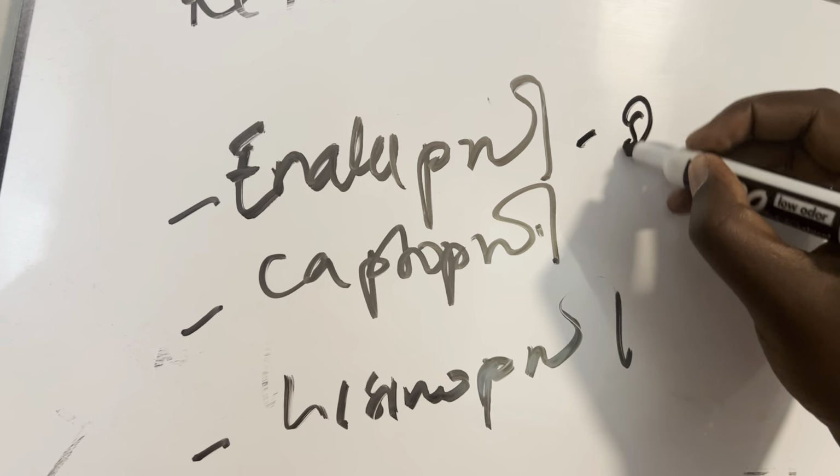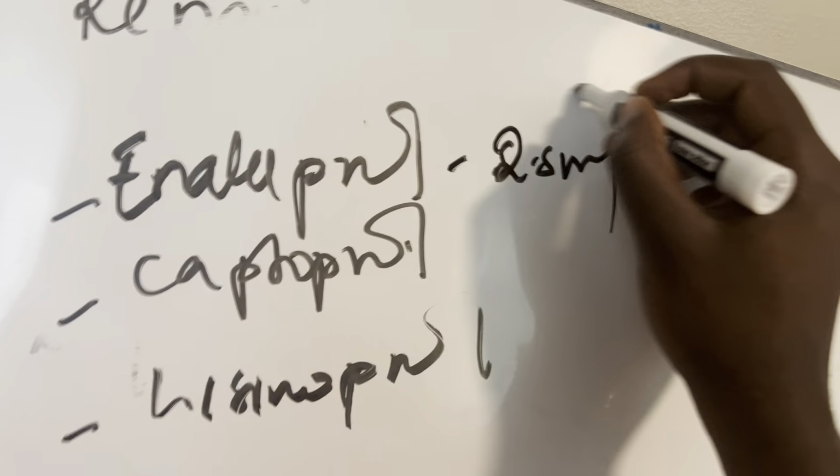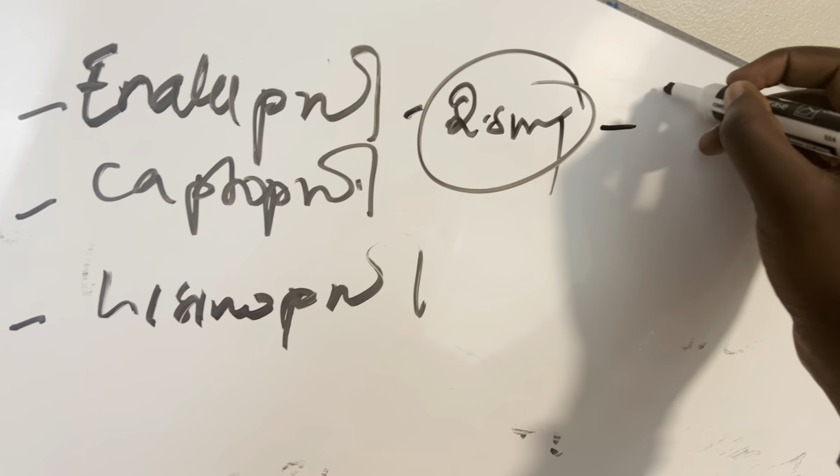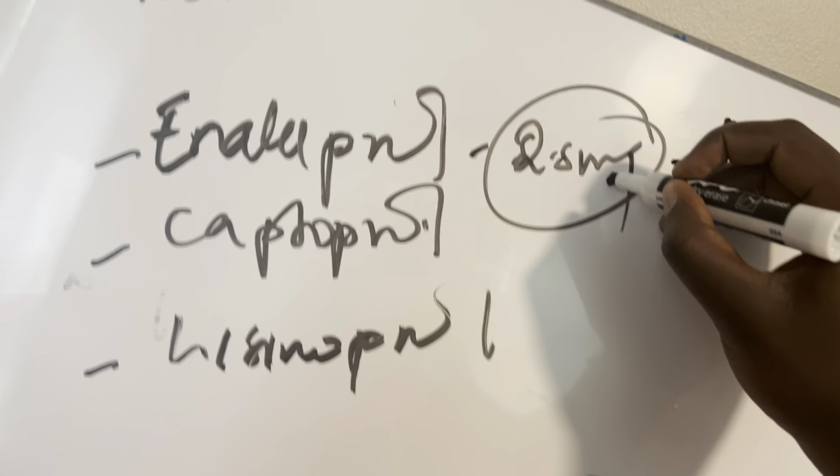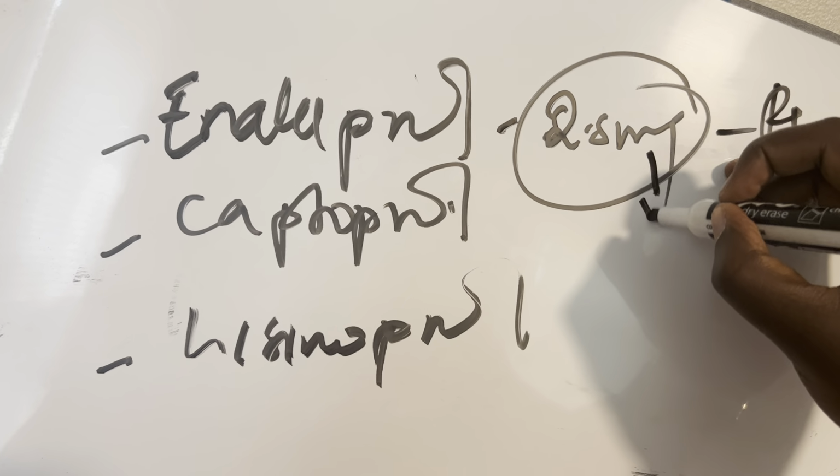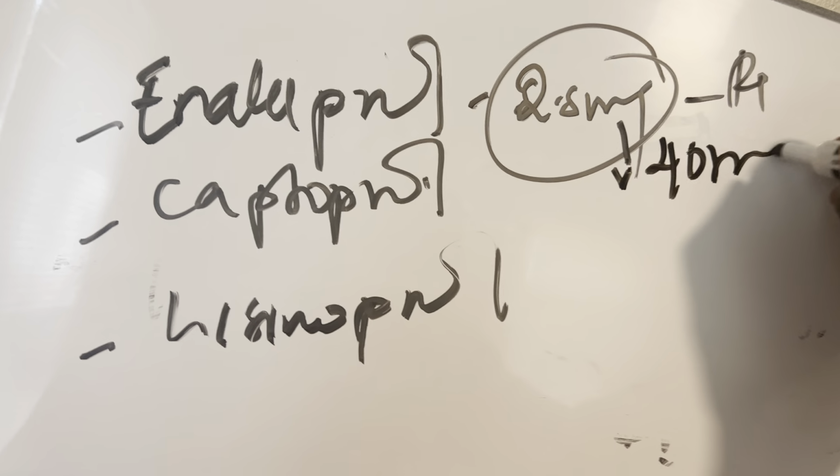Yes, so enalapril can be given from actually 2.5 milligram, especially in patients with renal failure, to 40 milligram in divided doses.